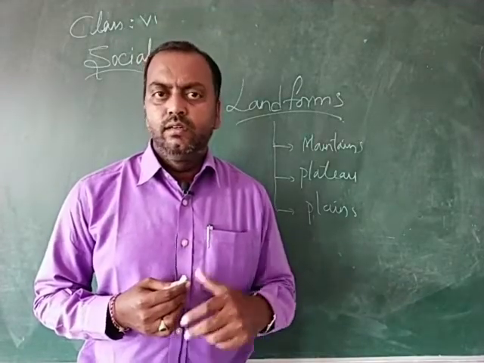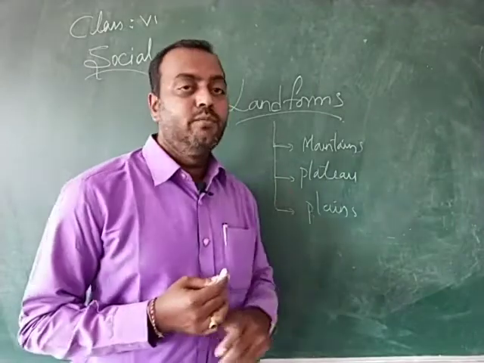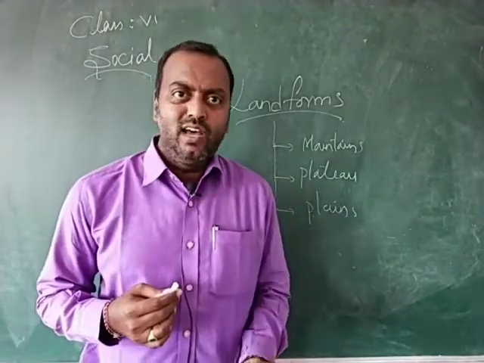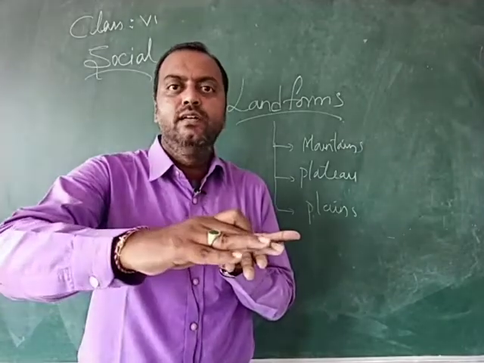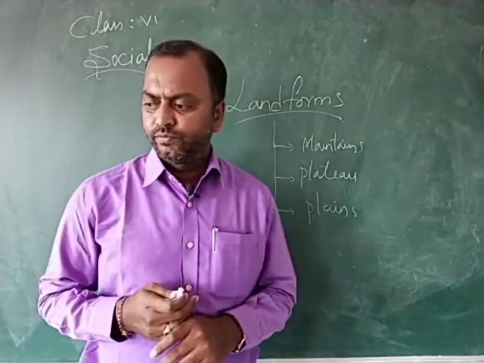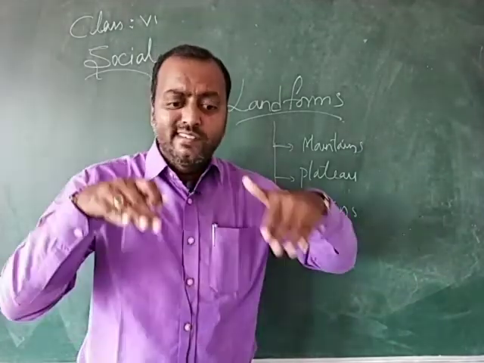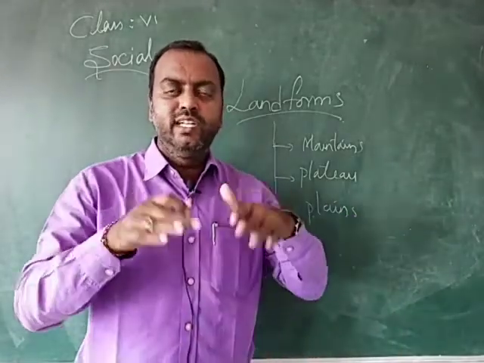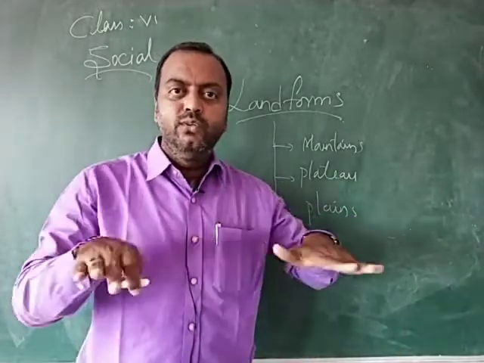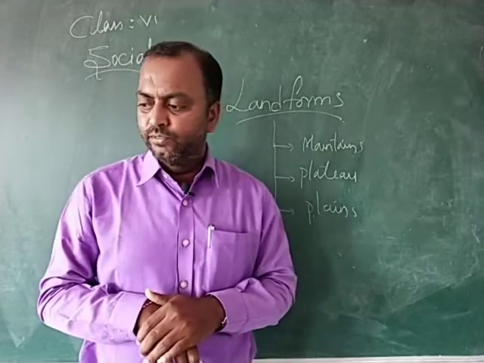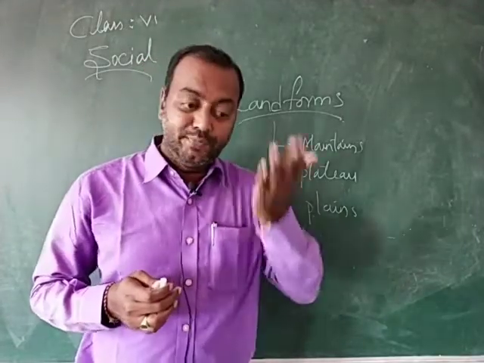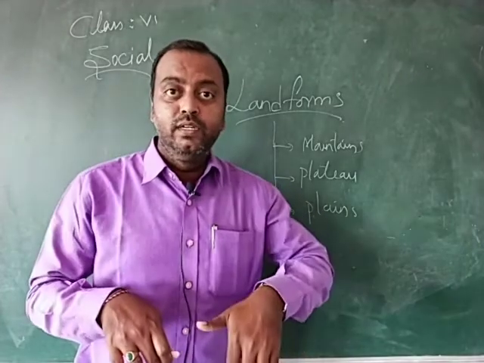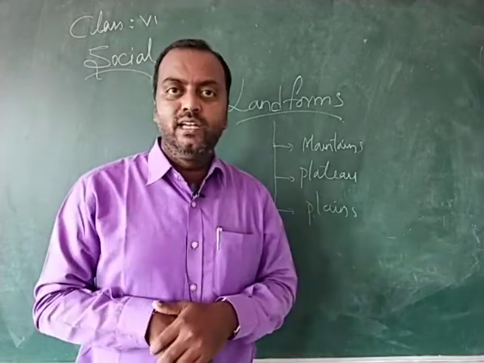Whereas the second landform is a plateau. A plateau is also a highland, but it has much flat land over it, and it doesn't have steep slopes like mountains have. So the landscape is uneven with ups and downs, but the slope is not as you find in the mountains.